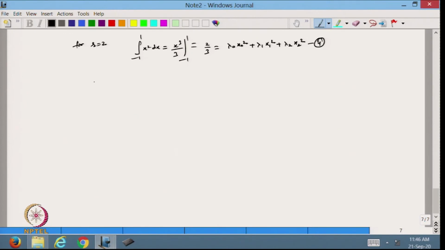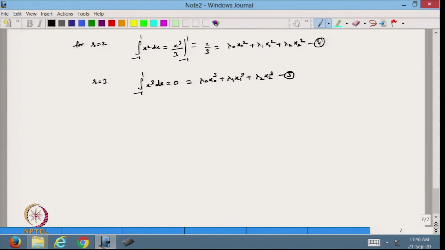Similarly, for r is equal to 3, this will be the integral from minus 1 to 1 of x cube dx, and this is an odd function, so the value will be 0. This will be equal to lambda naught x naught cube plus lambda 1 x 1 cube plus lambda 2 x 2 cube.